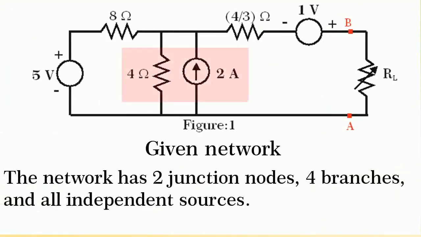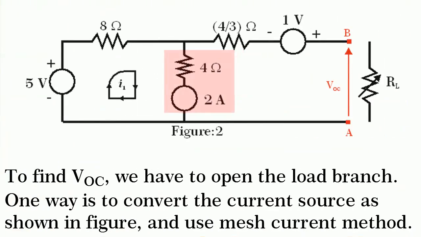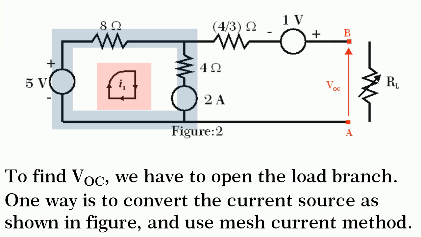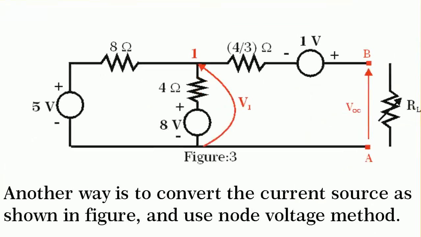One way is to convert the independent current source into voltage source as shown and use mesh current method. Note that there is only one closed loop. Another way is to use node voltage method. Note that there is only one unknown V1.